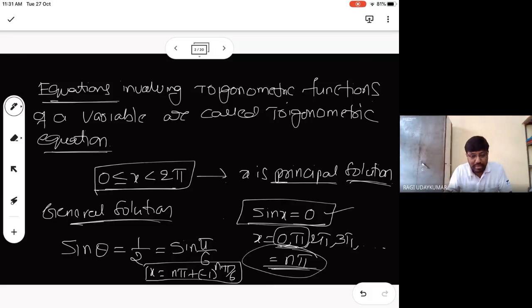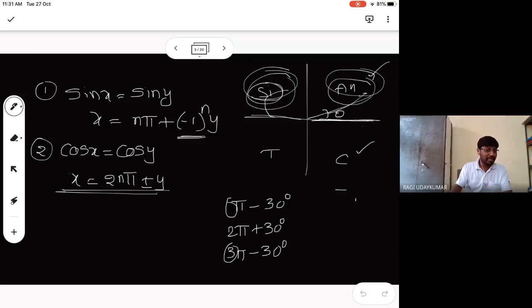Here the general solution is n pi plus minus 1 to the power of n into pi by 6. Did you understand? How do we remember? Did you understand?